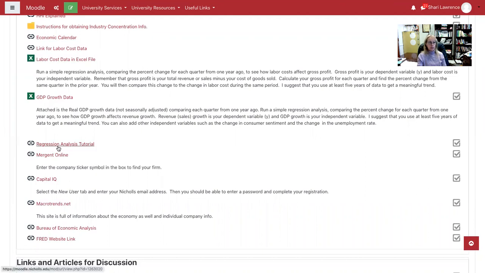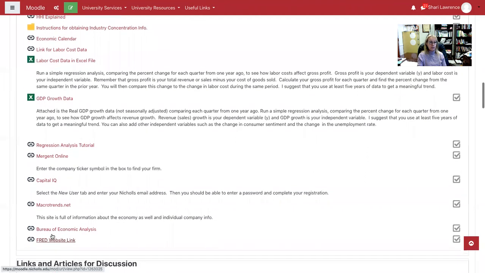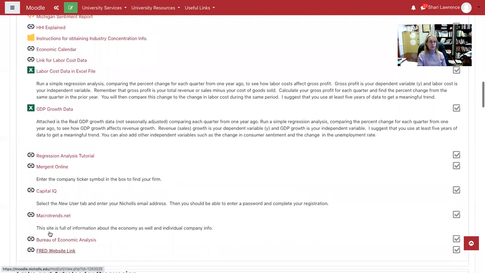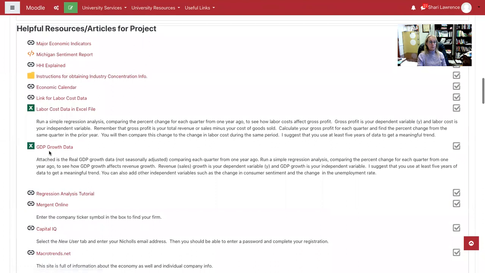This is the regression analysis tutorial. These are some really good websites just to find some economic data, macro trends: the Bureau of Economic Analysis, and then this FRED website link. Lots of good economic data here. This is the data for GDP, and this is the labor cost data.